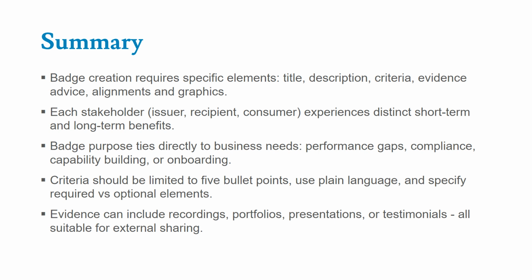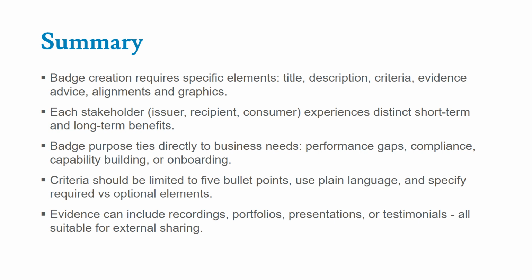Your badge must address a specific business need, whether that's fixing performance issues, meeting compliance requirements, building capabilities, or supporting new employees. Without this clear purpose, the badge risks just becoming another thing that people have to do. When writing criteria, limit yourself to 5 bullet points. Use straightforward language that people would use in everyday workplace conversations.